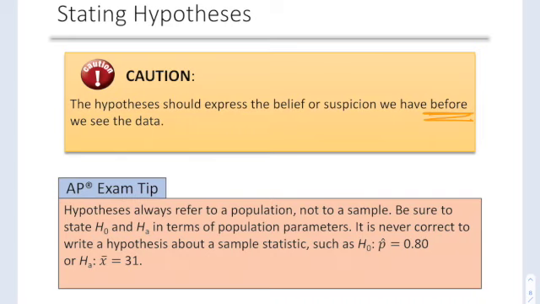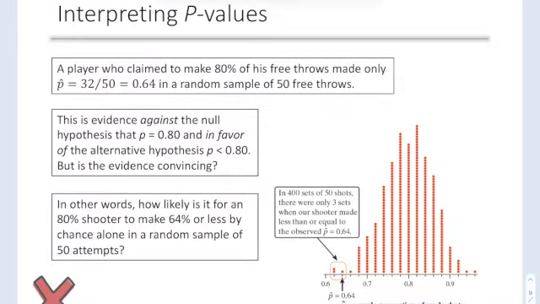I mean, that's kind of backwards there. Also, for the AP exam, make sure your hypotheses always refer to the population, not the sample. So do not have p hat or x bar written in your hypotheses. Again, it should be rho, the p looking Greek letter for proportions, and mu for the means, for averages.